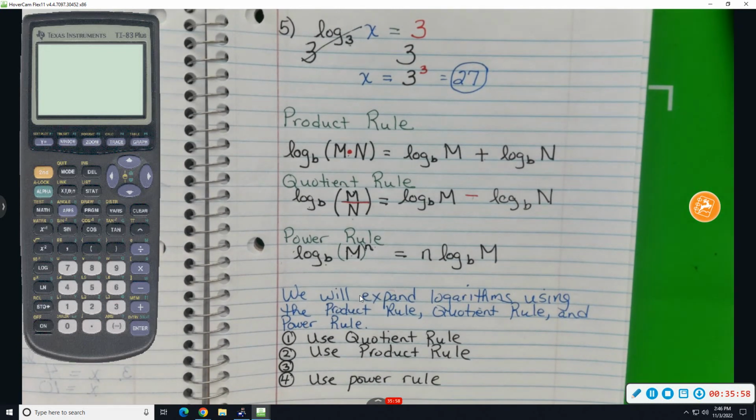So we're going to be taking one complicated logarithm and rewriting it as several smaller logarithms. Okay? That's what we mean by expanding the logarithms. The first example I'm just going to make up.